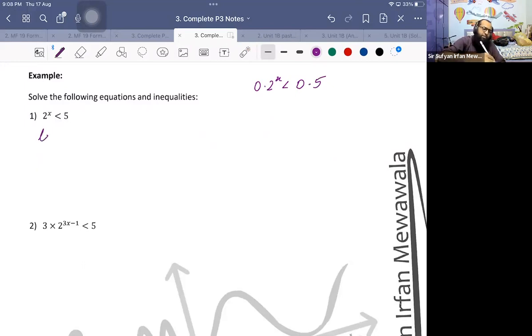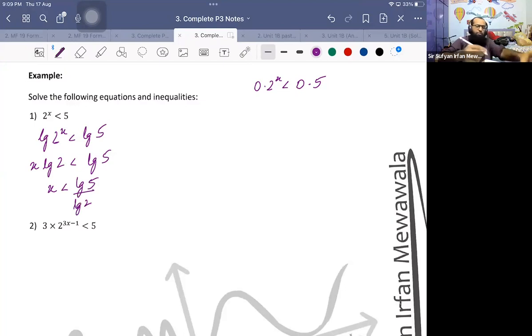So if we take lg on both the sides, lg 2^x is less than lg 5. Then using the power law, it will become x lg 2 less than lg 5, and x will be less than lg 5 upon lg 2.